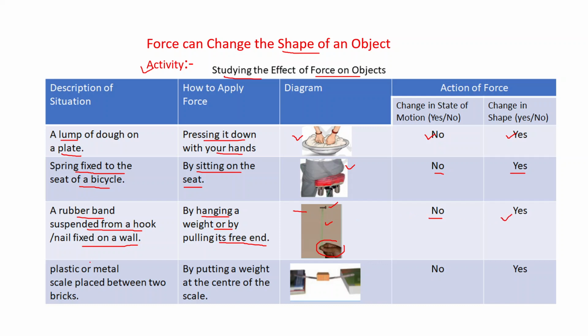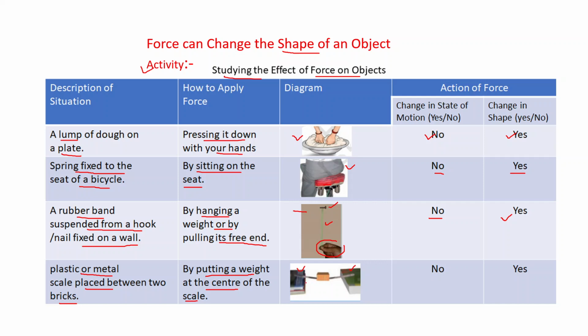Plastic or metal scale placed between two bricks. How can we apply the force? By putting a weight at the center of the scale. You can see this is one brick and this is the other brick. In place of brick, you can also use your textbook or notebooks.